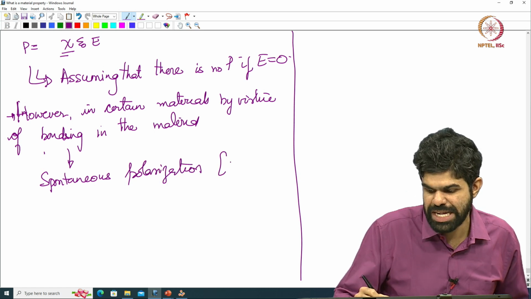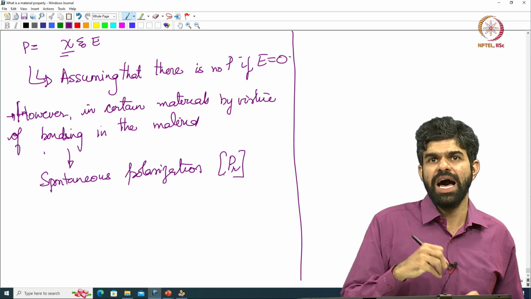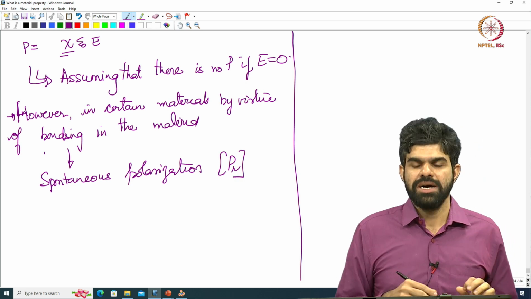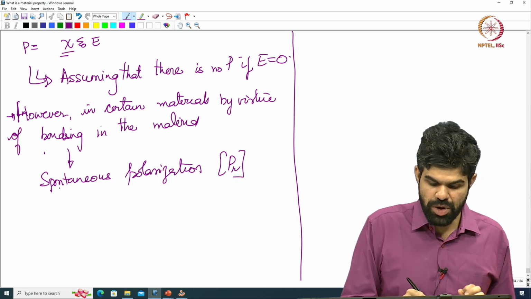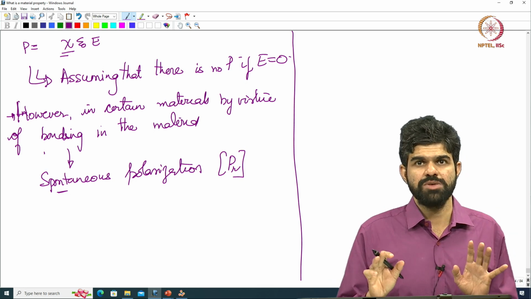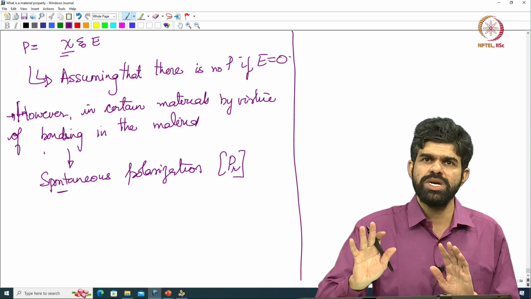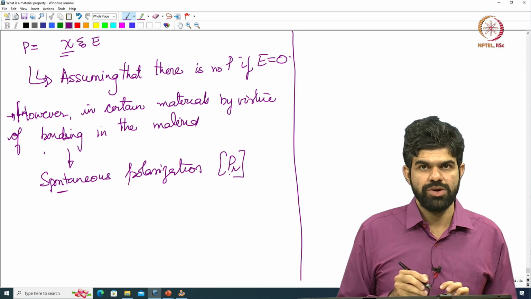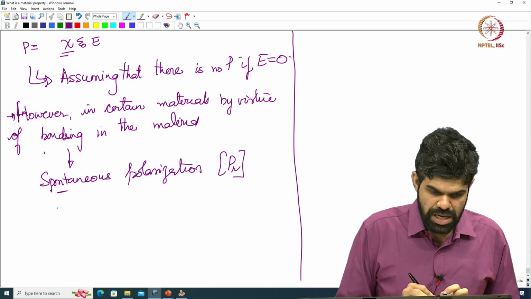I am going to call it PR for a reason, R meaning remnant, although I call it spontaneous polarization. I would not use the word PS because PS has another connotation. So let us use the notation PR for spontaneous polarization.